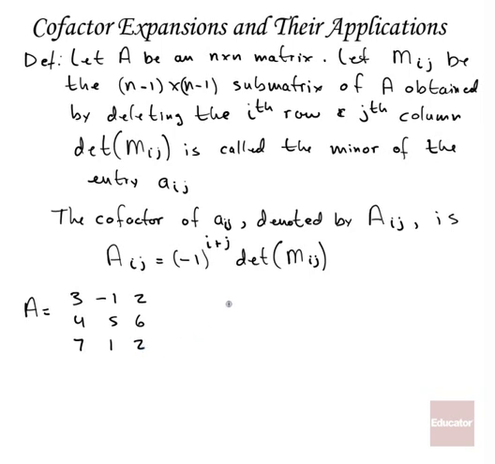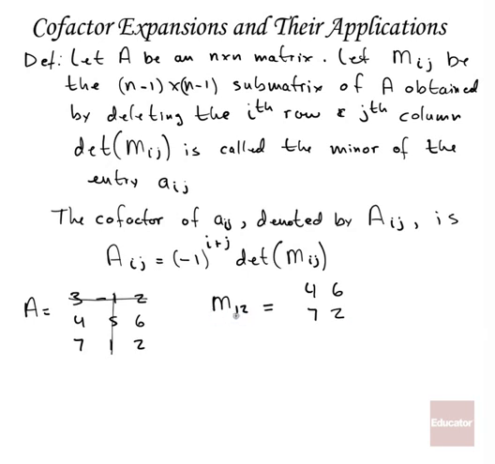Now, M12, this is the submatrix that we get from crossing out the first row, second column. So if I knock out first row, second column, I'm left with 4, 6, 7, and 2. And that's exactly what it is.